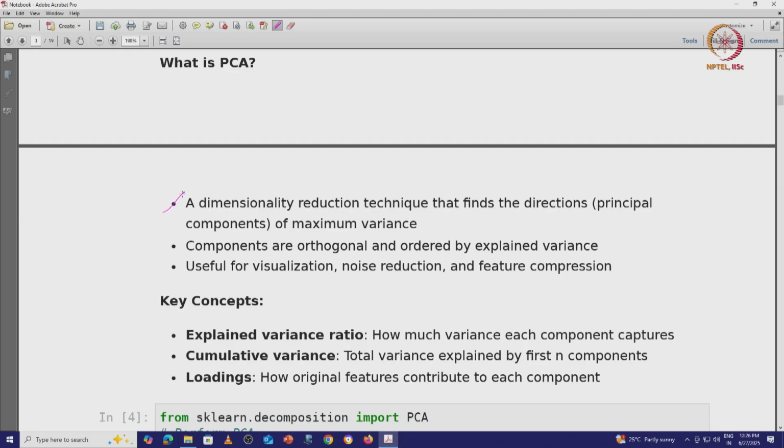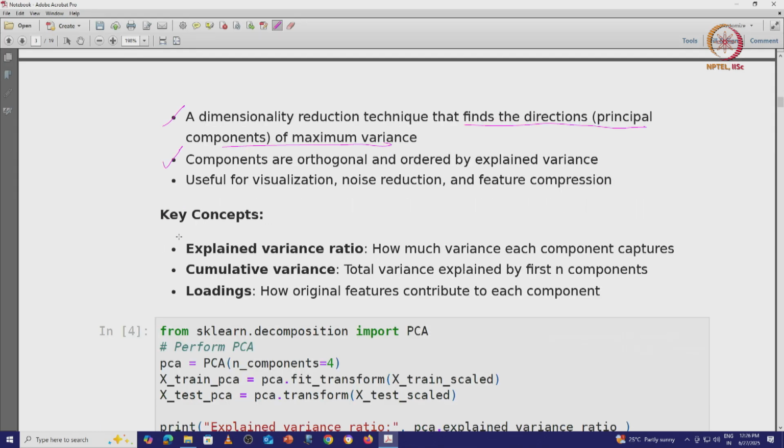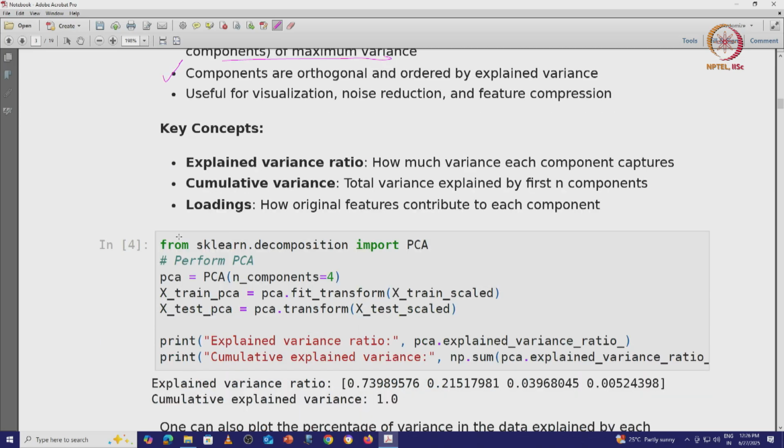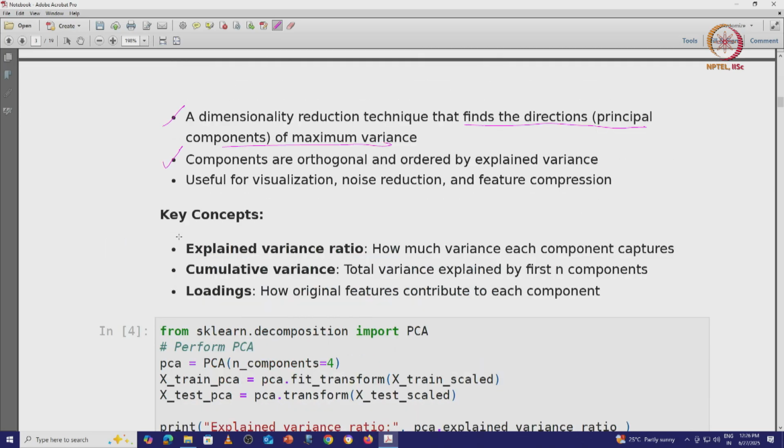PCA is a dimensionality reduction technique that finds the directions of the principal components where you have the maximum variance, and the components are orthogonal and ordered by explained variance. If you recall what was done in the lectures, we discussed the concept of singular value decomposition, the singular vectors and singular values, and also the eigenvalues of the covariance matrix, which were able to tell us the explained variance.